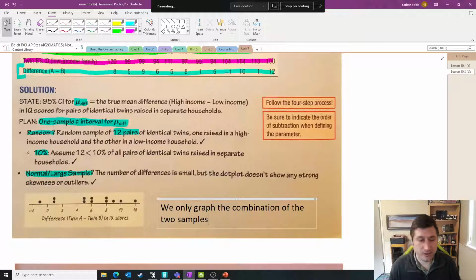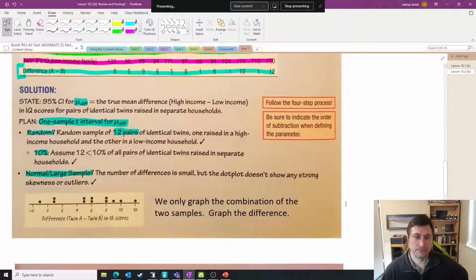Does it have a huge amount of skew? Does it have major outliers? All right, but they graphed the difference. Graph the difference. All right, I hope that not too much of that is different.